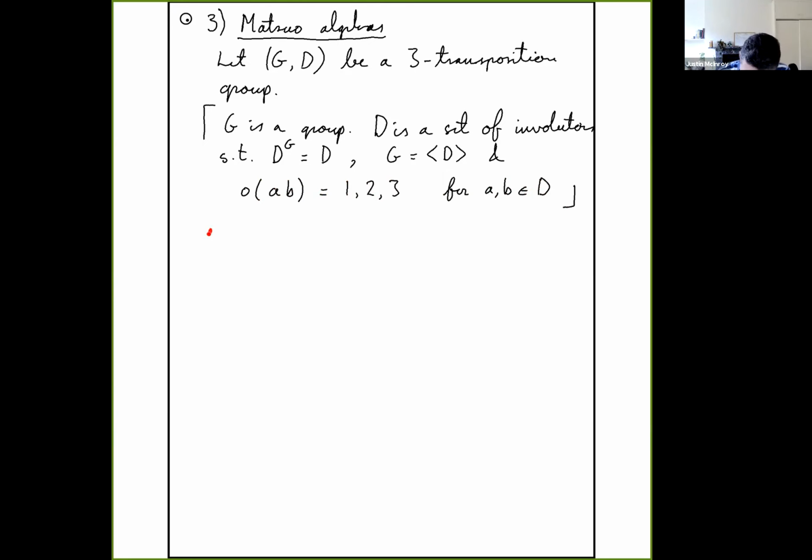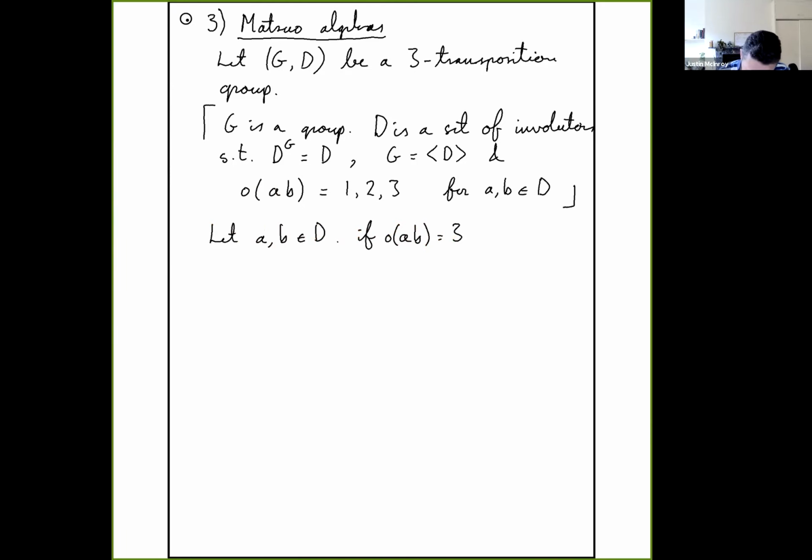So let's just think about this a minute. Let A, B be 2 of these. Let's say that the order of AB is 3.